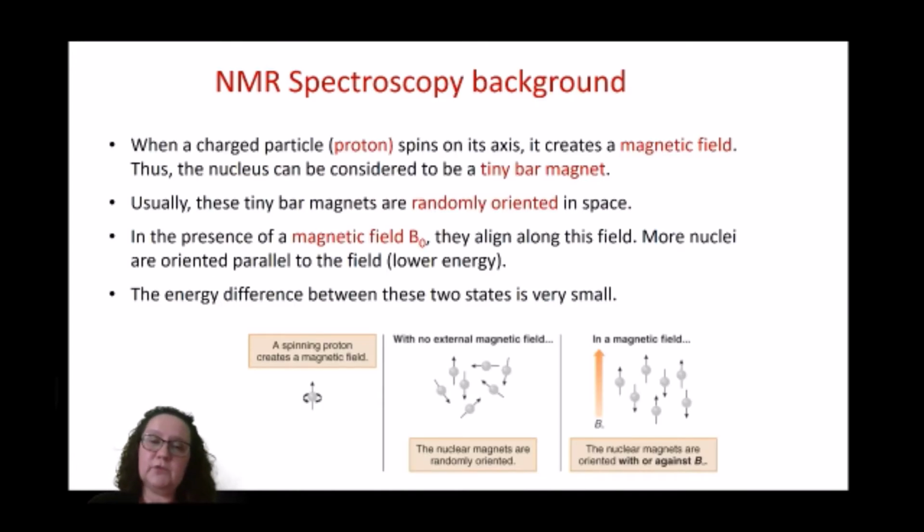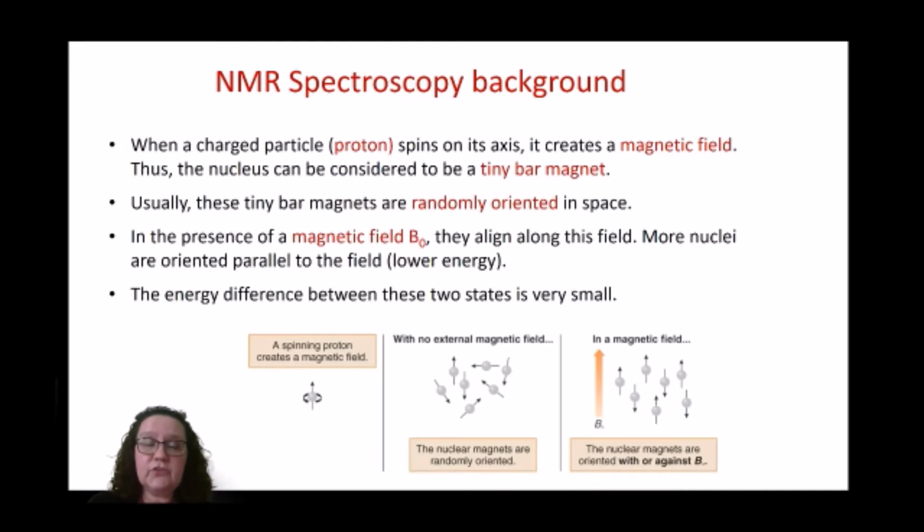So a bit about the basics of how NMR spectroscopy works. When a charged particle, when a proton spins on its axis, it creates a small magnetic field. So you can think of a nucleus as a tiny bar magnet. Typically, in absence of a magnetic field, those tiny bar magnets will be oriented randomly in space.